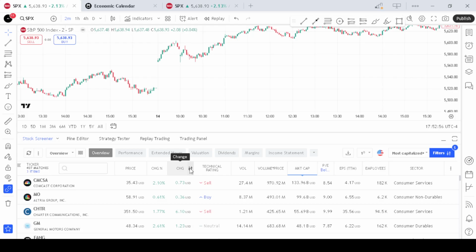Whether you are a value investor looking for an undervalued company or a momentum trader seeking stocks with strong recent performance, the TradingView Stock Screener provides the tool you need to discover potential trading opportunities effectively.